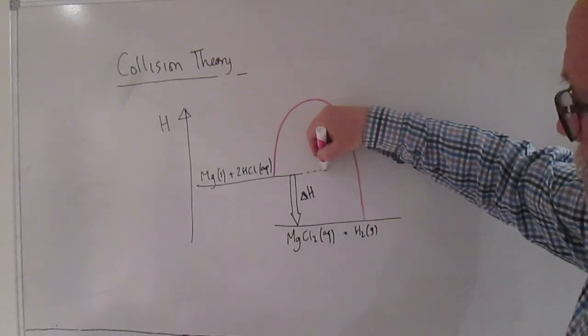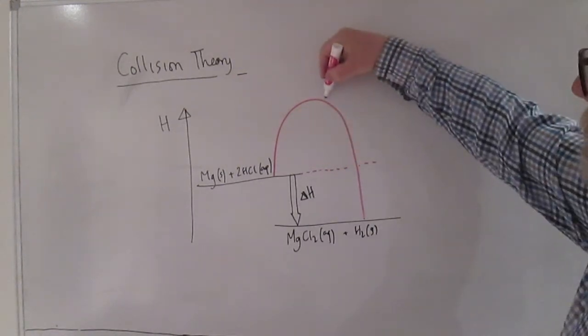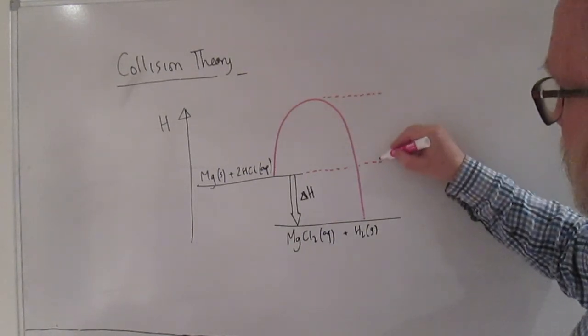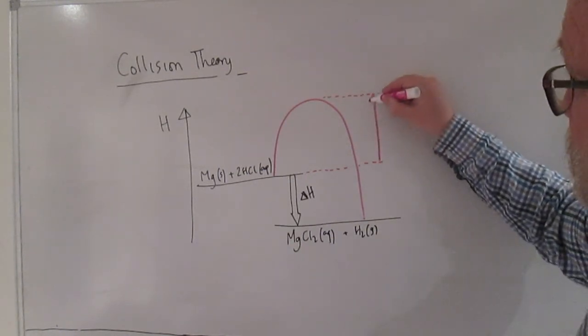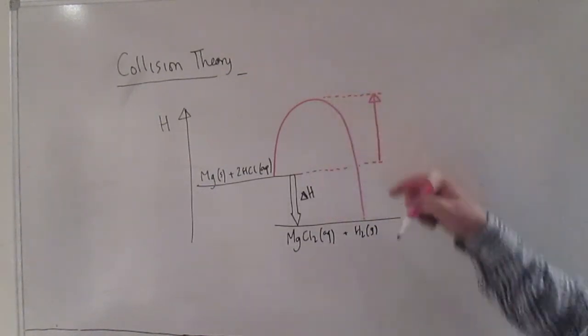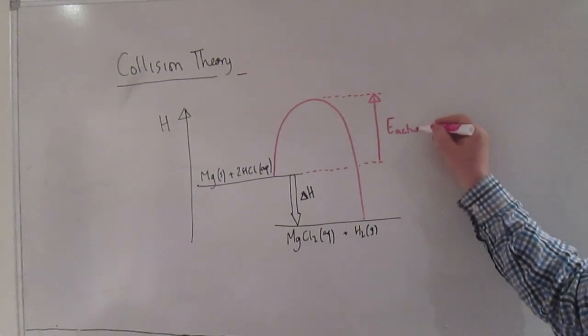So we can mark that energy on here by carrying on that line across here and marking that height across here, and then saying, right, this arrow going from where we started to the top of the hill is called the activation energy.